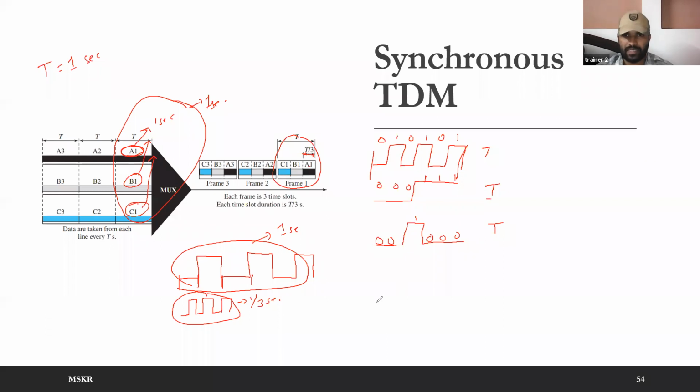In the same interval, you represented them with shorter intervals.